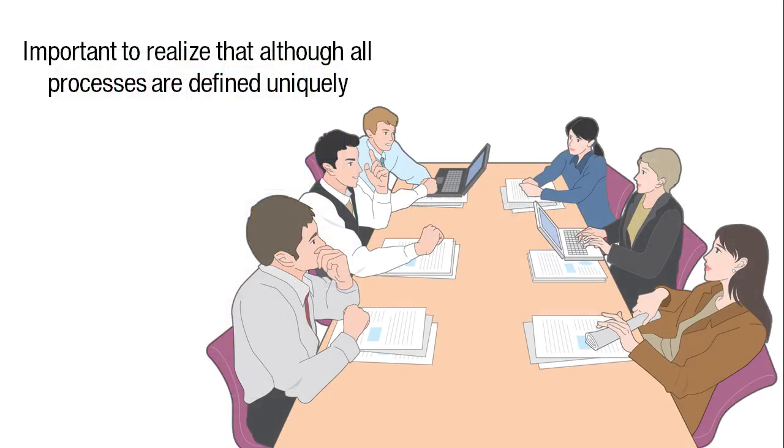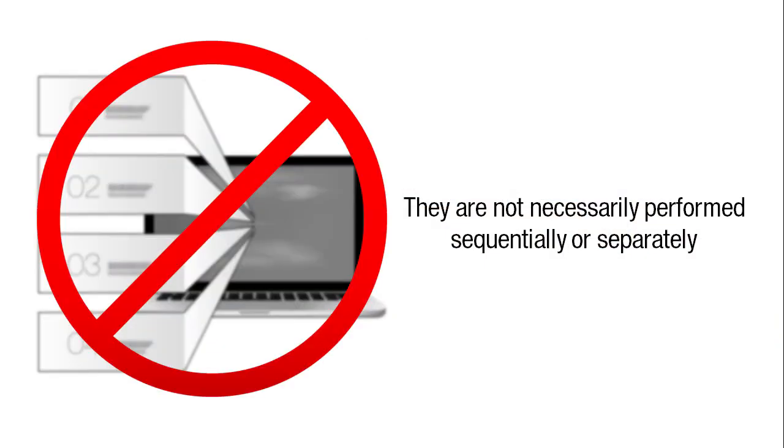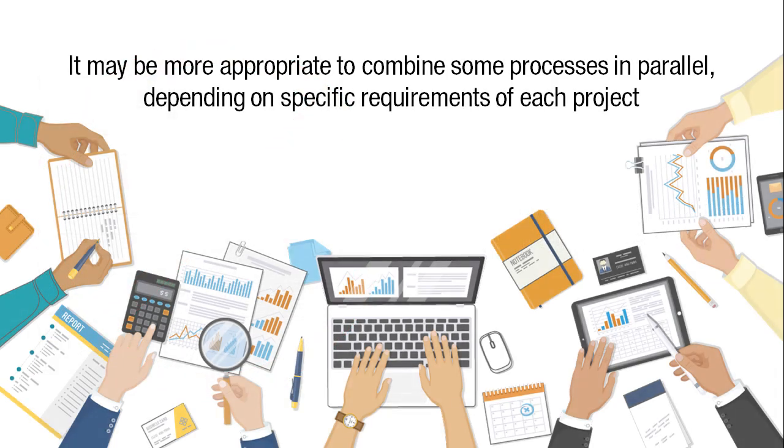It is also important to realize that although all processes are defined uniquely in the SBOK Guide, they are not necessarily performed sequentially or separately. At times, it may be more appropriate to combine some processes in parallel, depending on the specific requirements of each project.